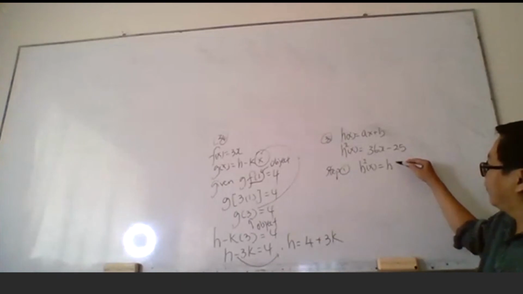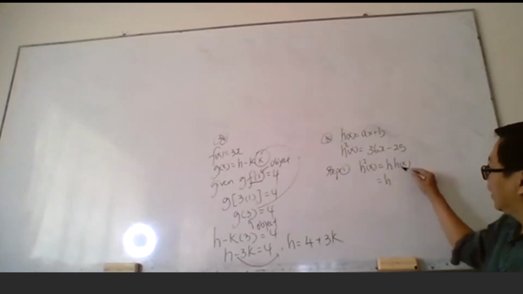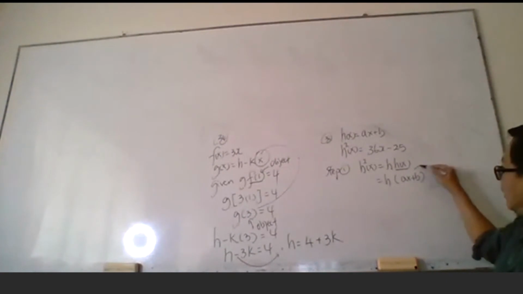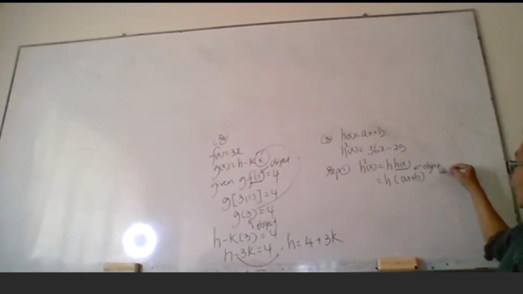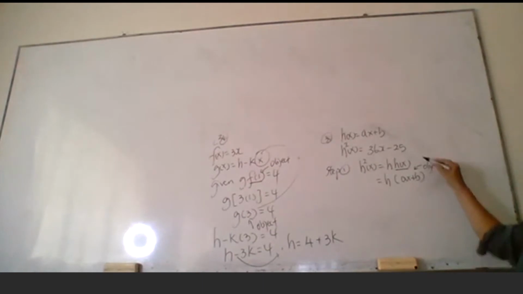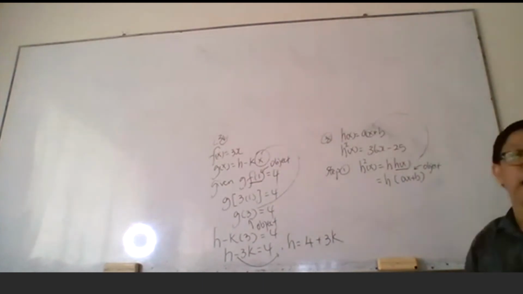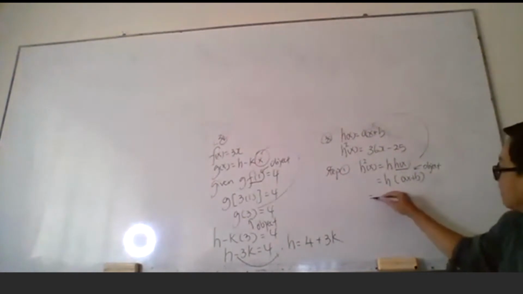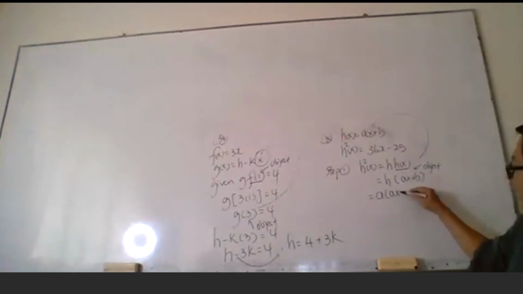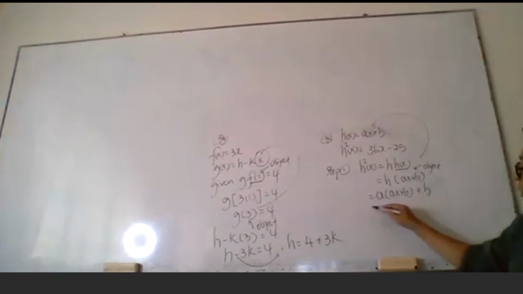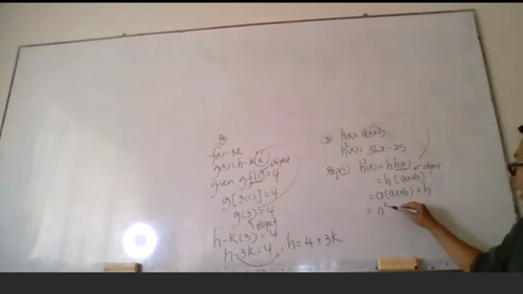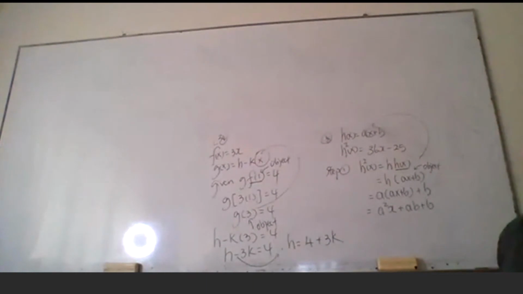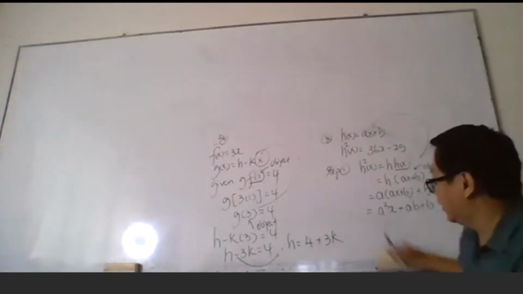That is h(x), and this is your object, changed to ax + b. Always remember, I put the object, and this object comes back into the function of h. So ax + b, and we get a squared x + ab + b. That's your step number 1.